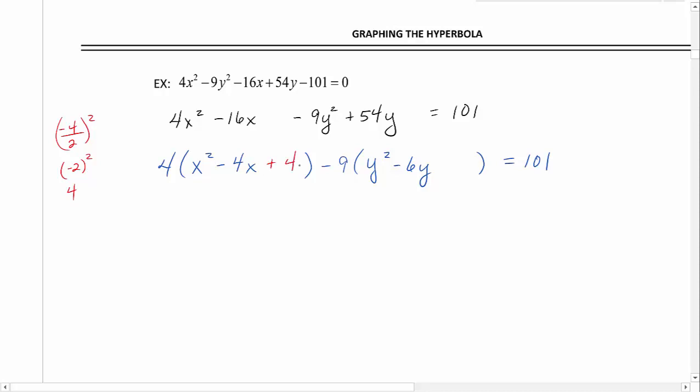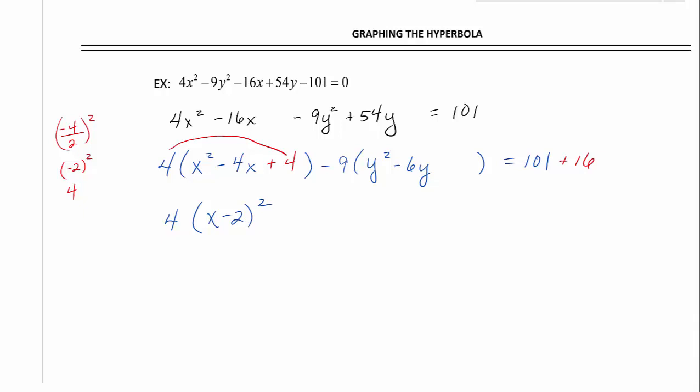But when adding the constant to the right-hand side, remember that we actually have to distribute that 4 that we factored out before adding it to the other side. So we're going to be adding 16 to the right side. Factoring this perfect square trinomial we just created, we get 4 times x minus 2 squared.